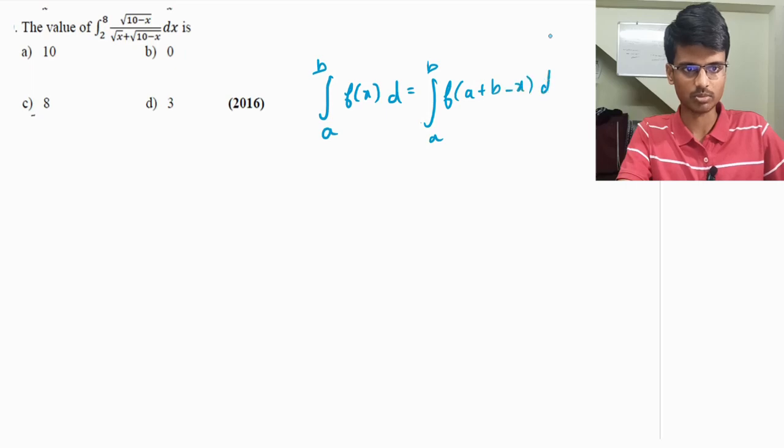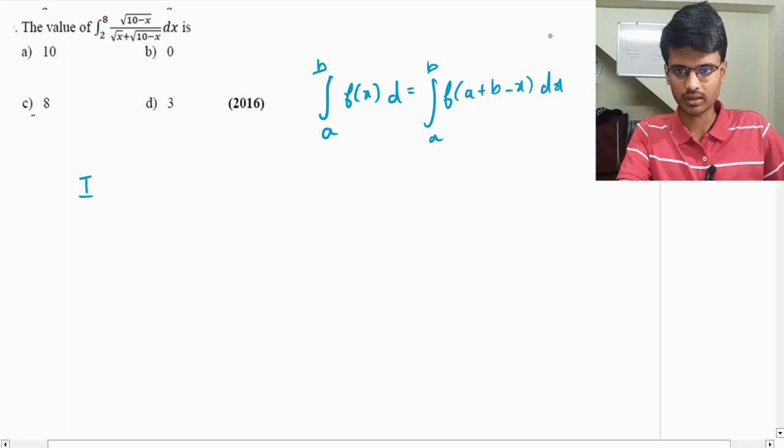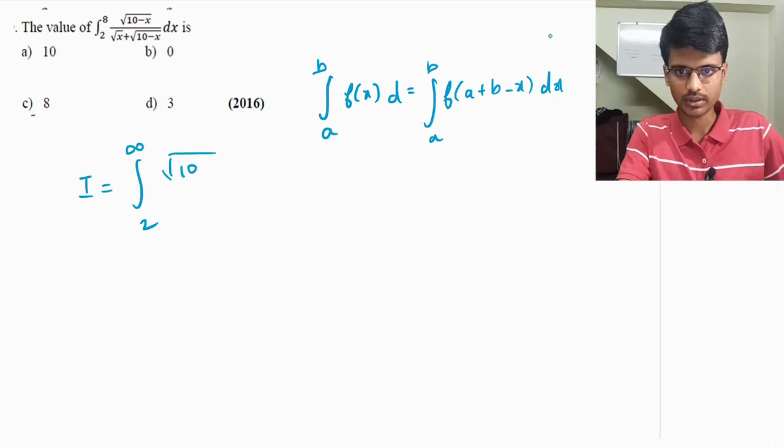Let's apply this property. Let me call our definite integral as I. I is nothing but 2 to 8 root of 10 minus x over root x plus root of 10 minus x dx.